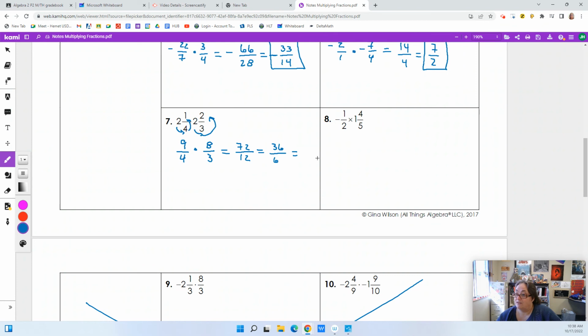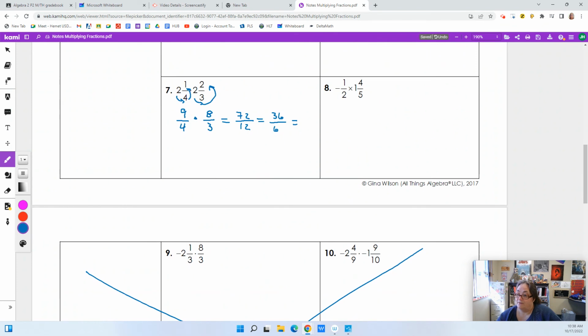This whole thing just becomes 6, right? If I divide 36 by 6, I just get 6. And if I divide 6 by 6, I get 1. So the answer is just 6 when we simplify it. Does that make some sense? So it would be 6 over 1, which is just 6. So let's put a box around it because a box tells us that we know we're done.